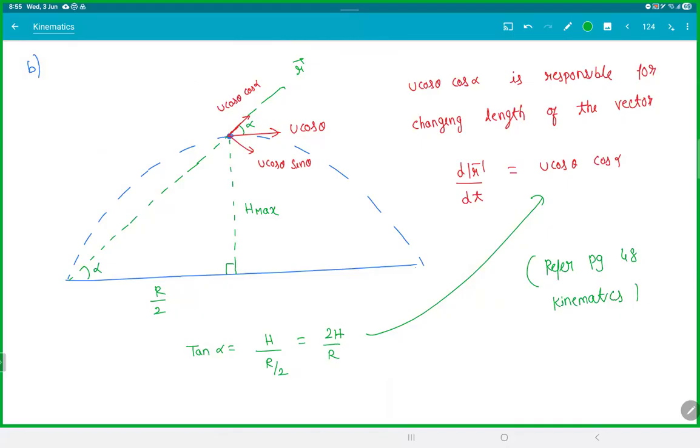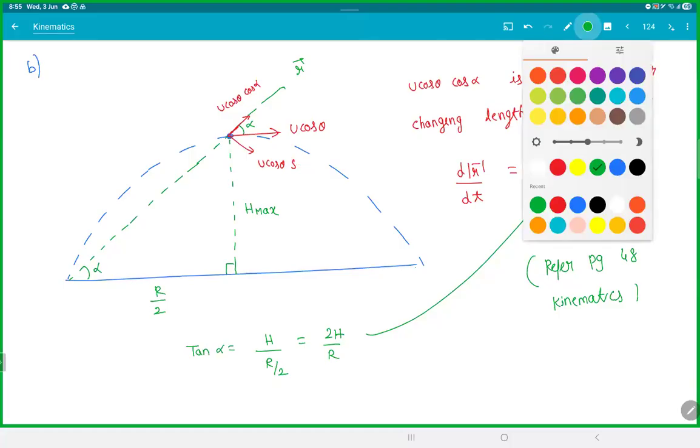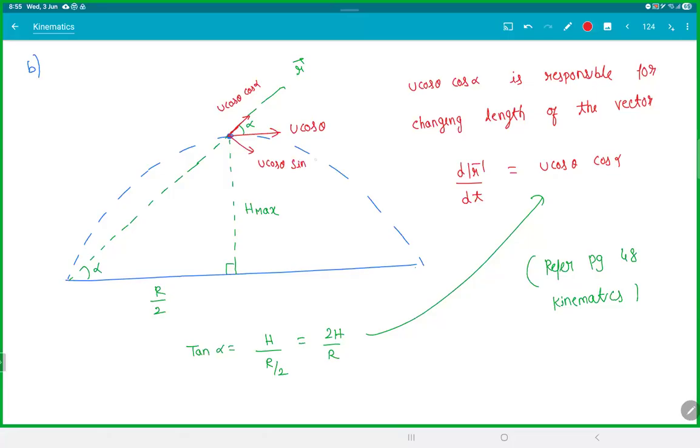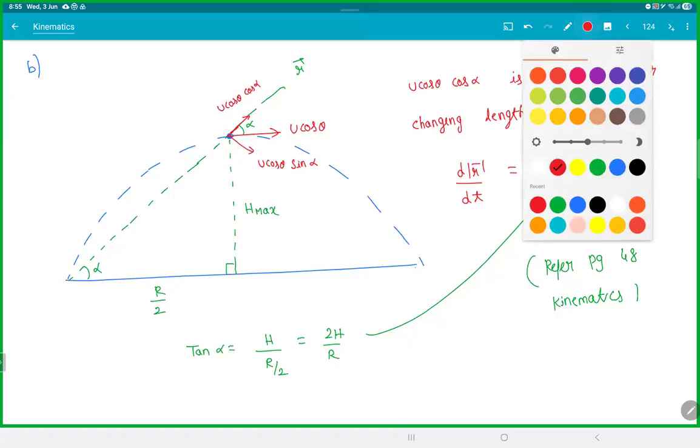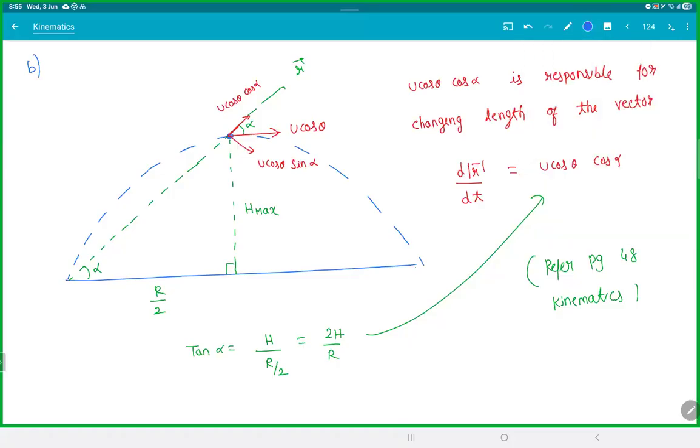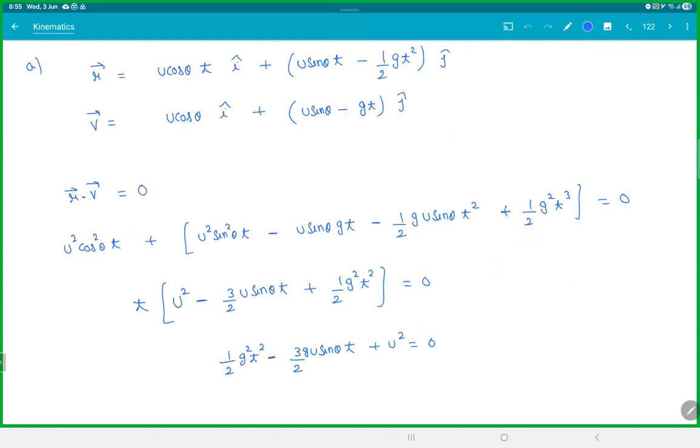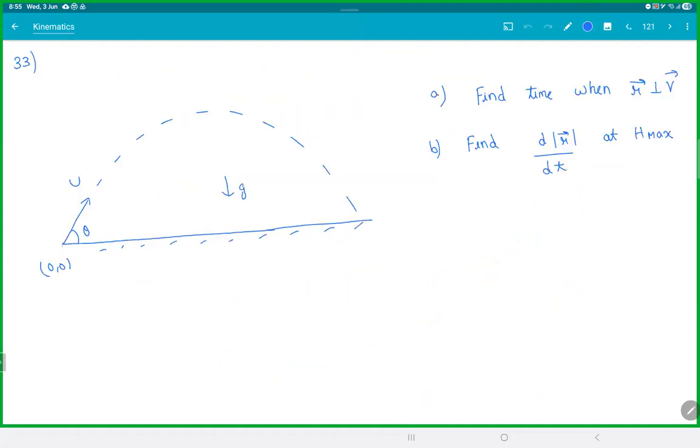Are you clear what is d mod r by dt? Sin alpha. Yeah, that is sin alpha. All clear with this? So you can play like this also. They'll ask questions based on vectors and this thing.